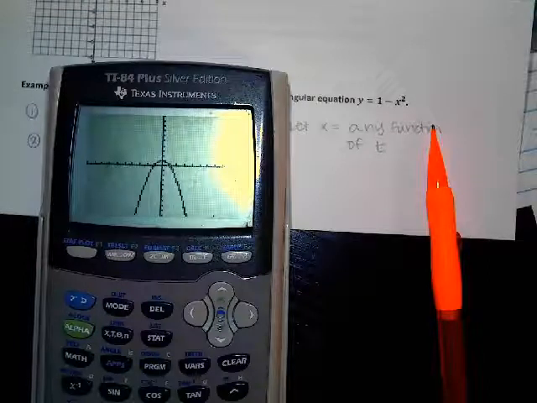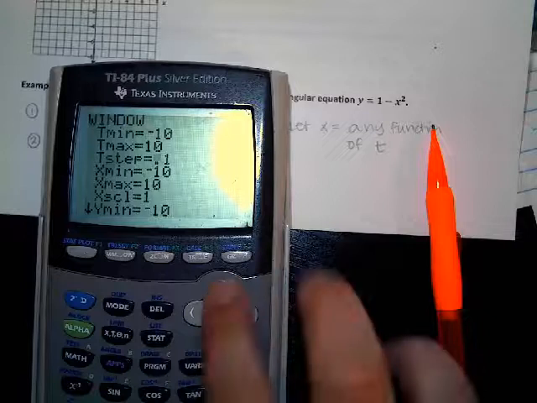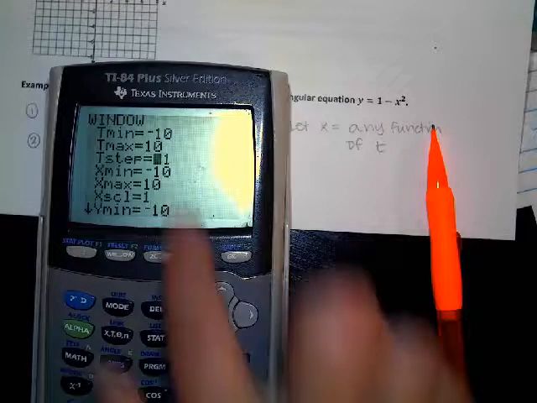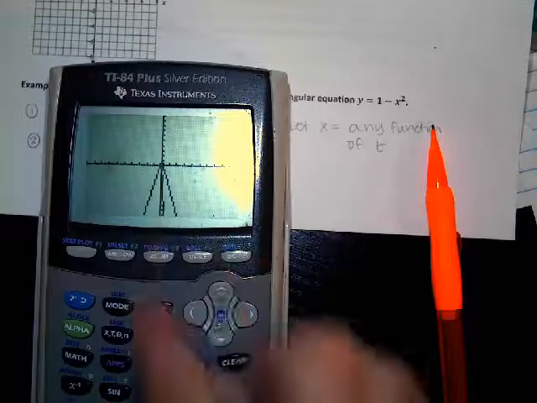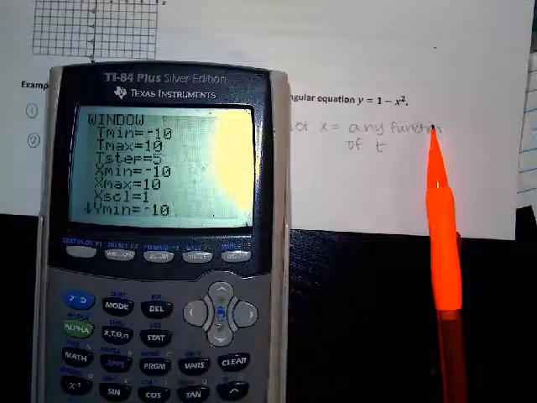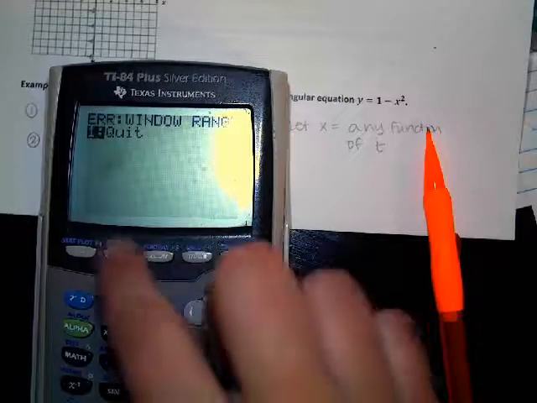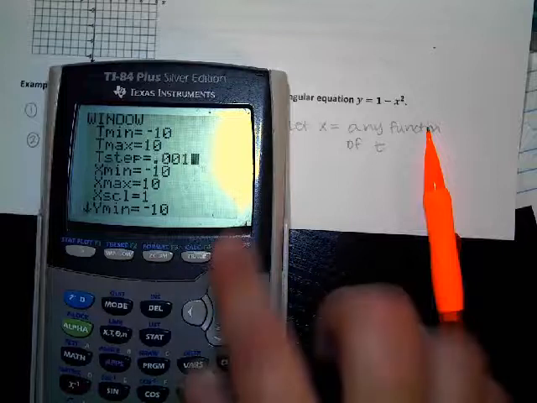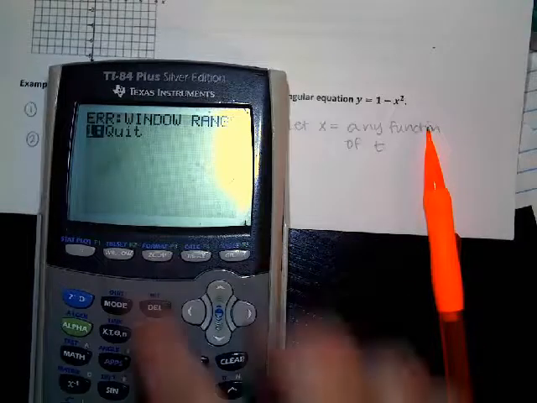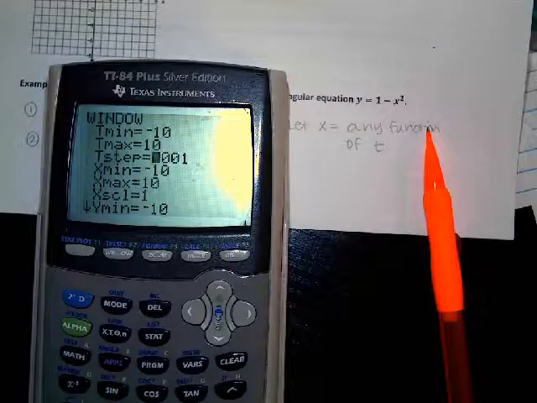So if I want an accurate graph, I probably shouldn't do a t-step of 5, because that's not very accurate. But I don't want to do a t-step of 0.00001 because it didn't like that. 0.001, nope, didn't like that either. Those are going to be the most accurate graphs as far as the curve goes, but my calculator's like, no, that's too much for me. I can't handle that.